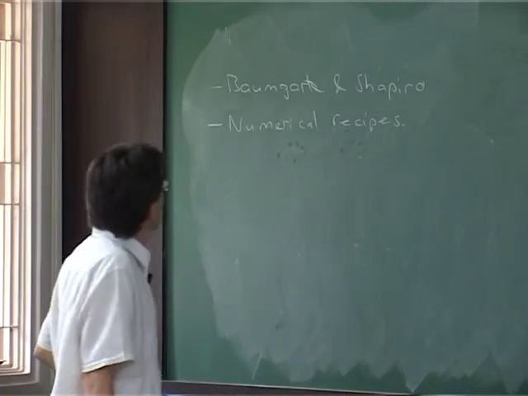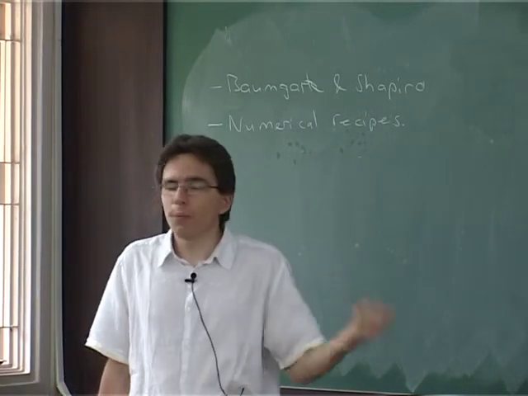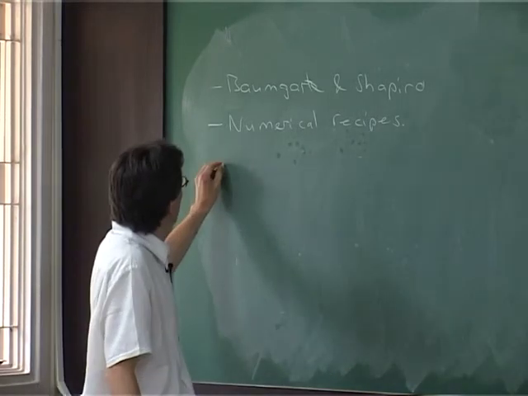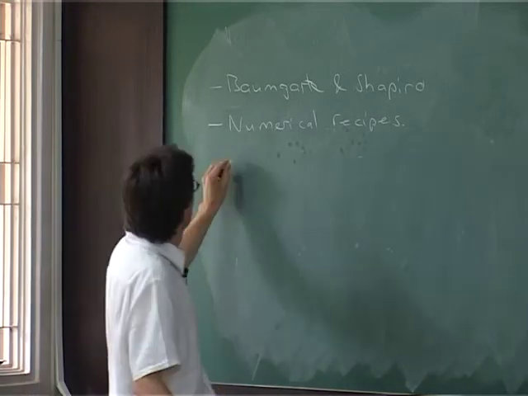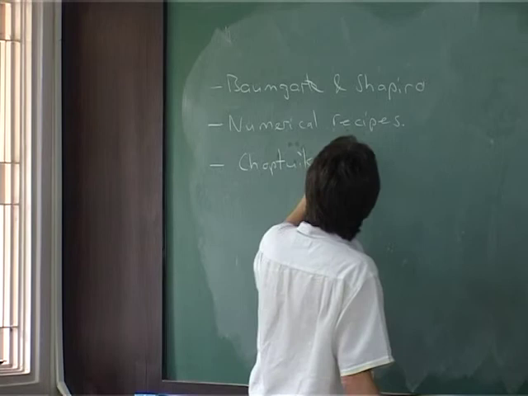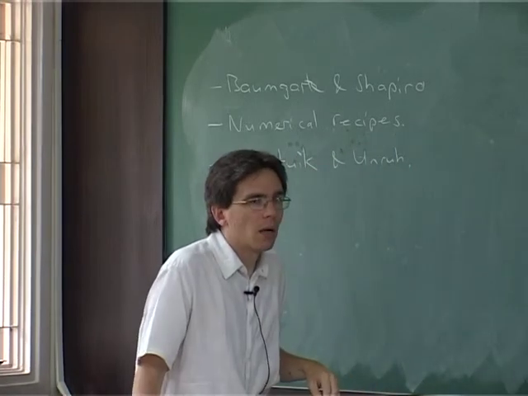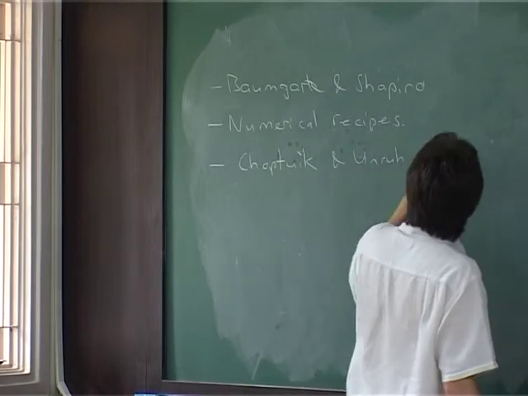In terms of numerical methods for initial data for elliptic equations, a very nice reference is a paper by Matt Choptuik and Bill Unruh, from I think 1995.